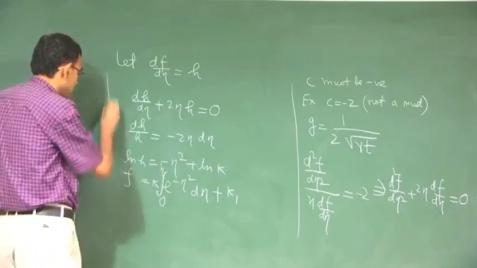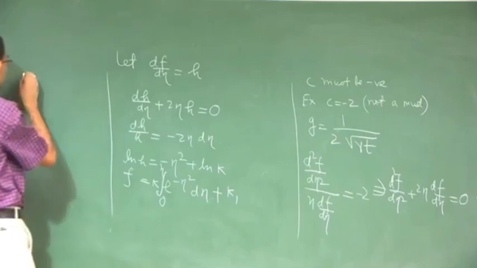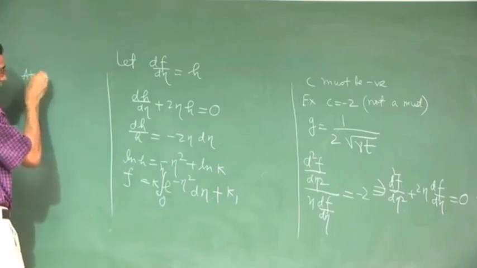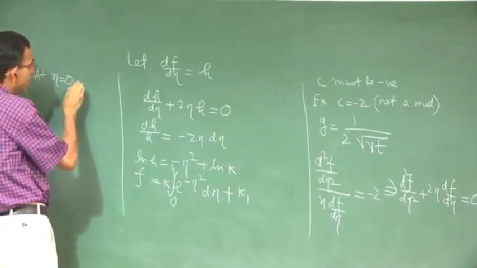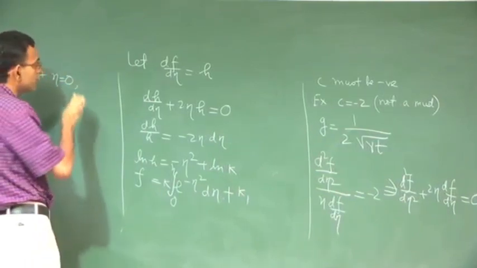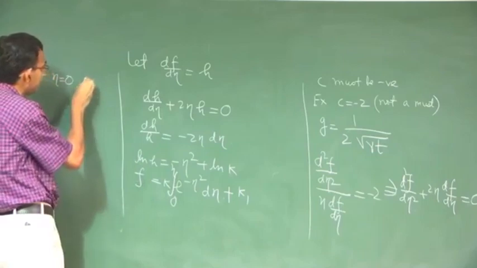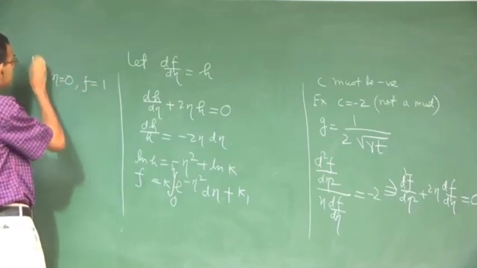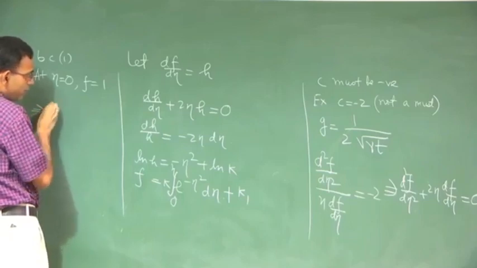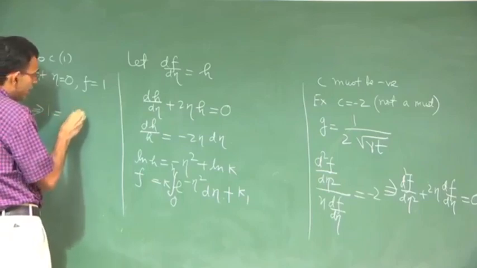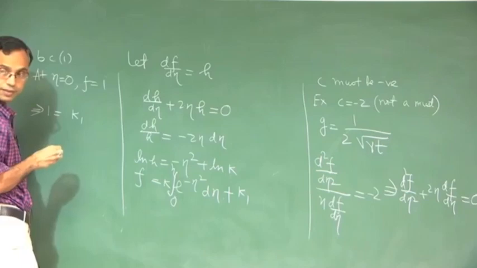So, we will give two boundary conditions. What are these? The first one is obvious, at eta is equal to 0, that is y is equal to 0, you have u equal to u0, that means u by u0, that is f, which is equal to 1. This is boundary condition number 1. So, you have 1 is equal to k1, right.